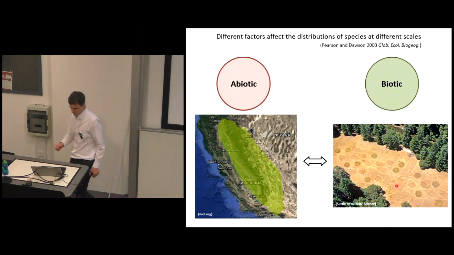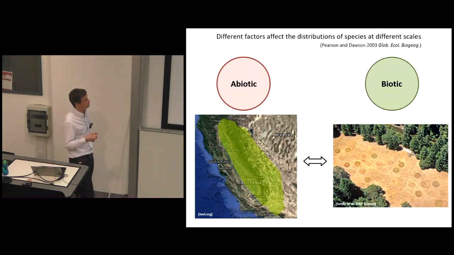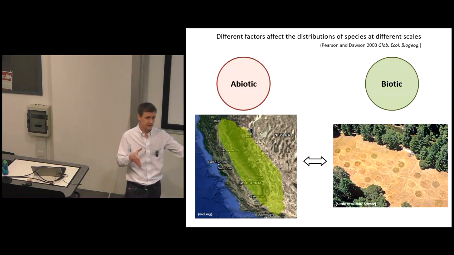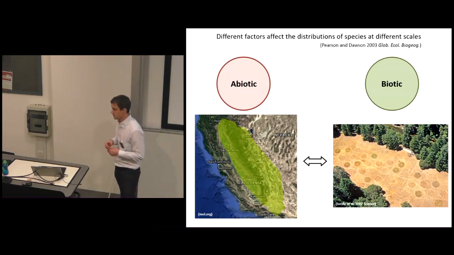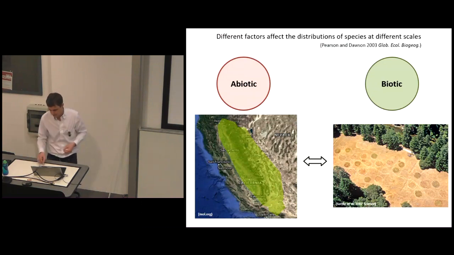So what we've been doing for a few years now is trying to develop this theory, this conceptual framework where we regard different factors as the driving variables at different spatial scales. So to come up with some framework that can link what's happening abiotically with what's happening biotically.